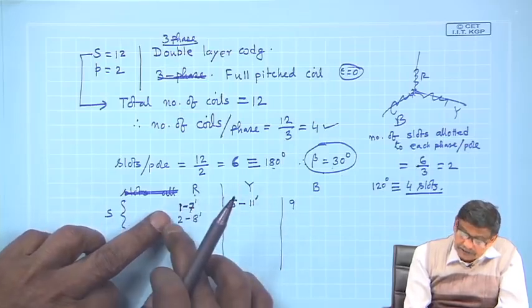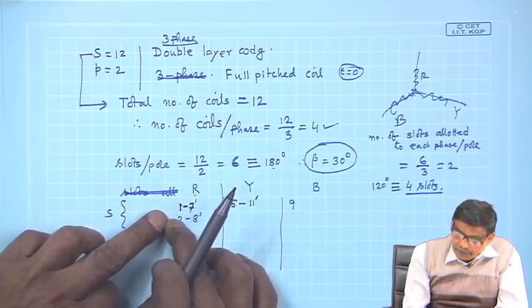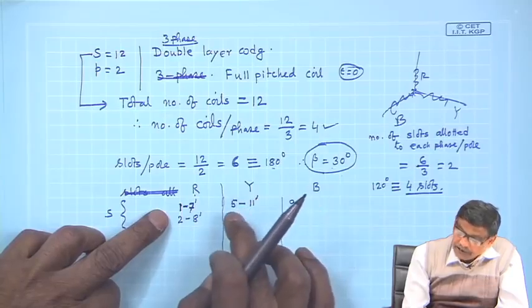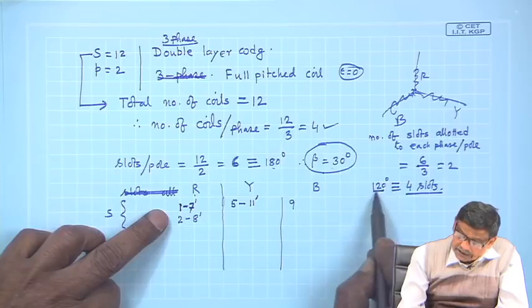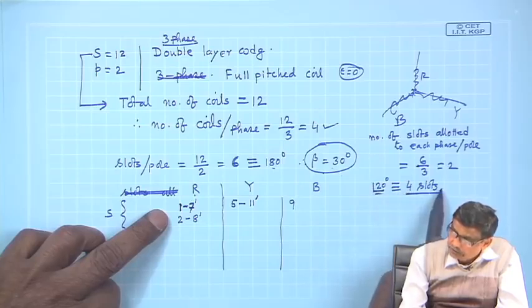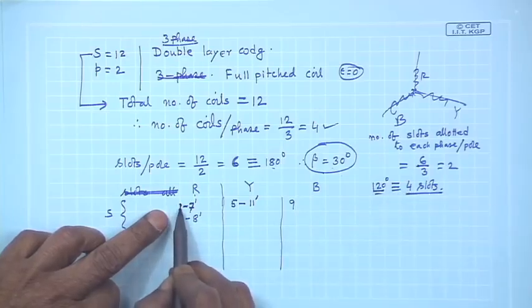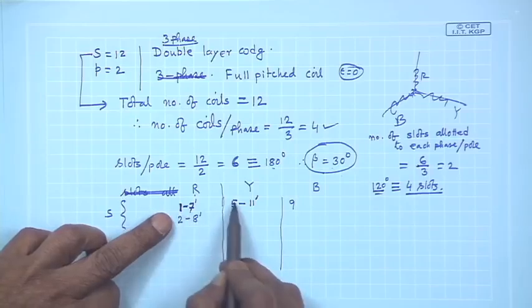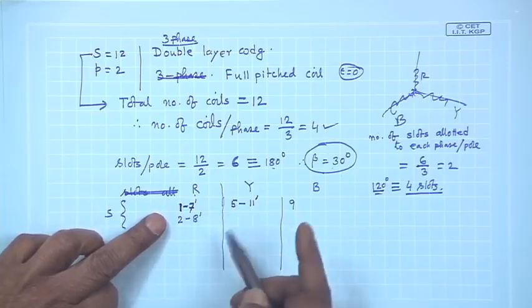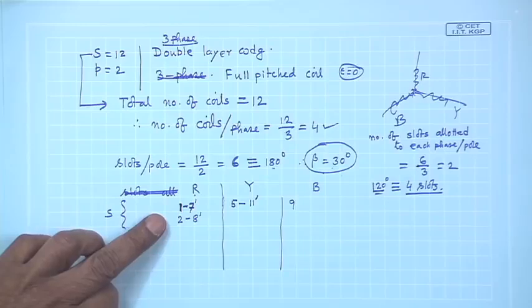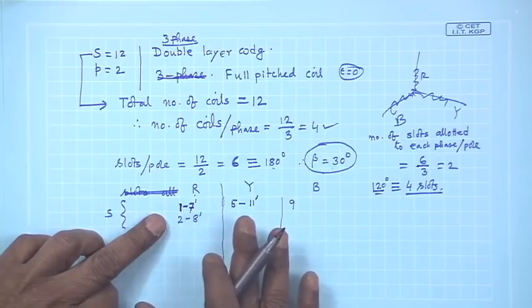Starting of R phase is from 1, starting of Y phase should be after 120 degrees, and 120 degrees is equivalent to 4 slots. So, I have added 4 to 1, that is 5 starting, and then its return should be 5 plus 6, 11, and 11 dashed because lower deck. So, I think it is okay.